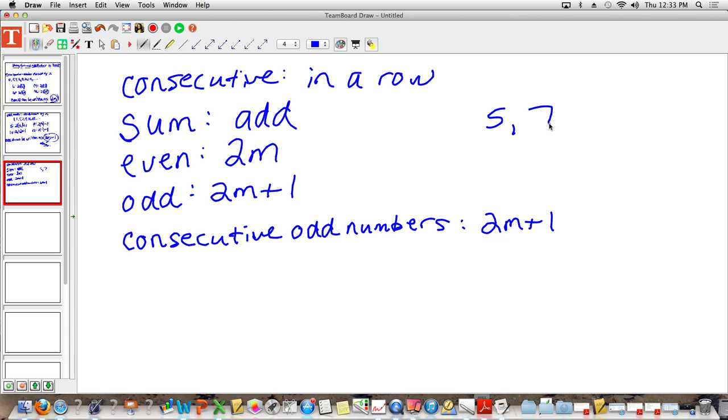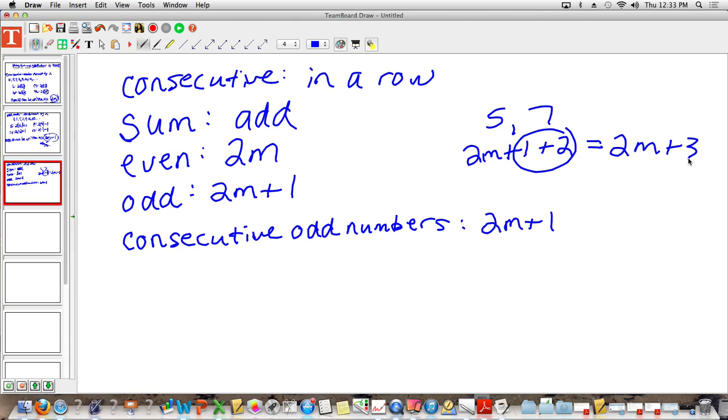So if 2m plus 1 is what we are calling 5, and you have to add 2 onto it to get to 7, that means I have to add 2 onto 2m plus 1. But you don't write it like that. What is 2m plus 1 plus 2? It's 2m plus 3. So in other words, you have to combine like terms to get 2m plus 3.